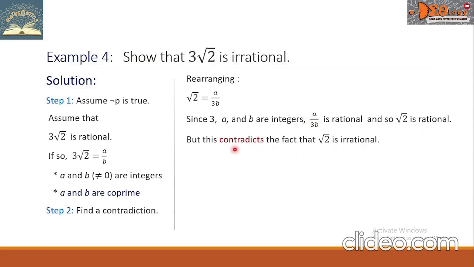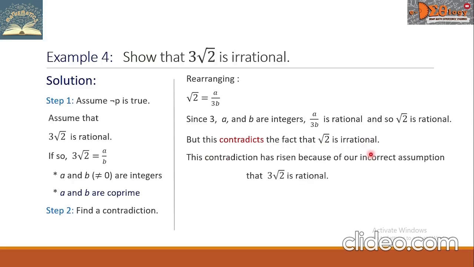But this contradicts the fact that square root of 2 is irrational. This contradiction has arisen because of our incorrect assumption that 3 square root of 2 is rational. So, we conclude that 3 square root of 2 is irrational.